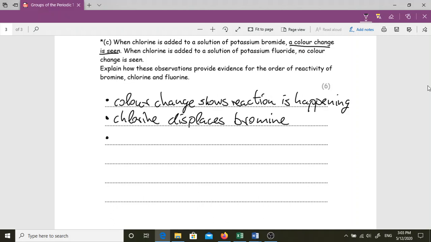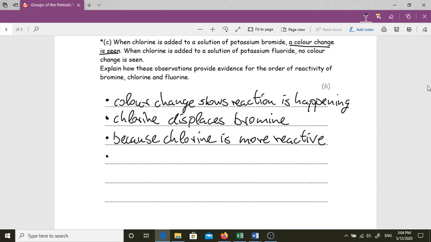Why does chlorine displace bromine? And the reason is chlorine is more reactive. So we can just write because chlorine is more reactive. So it's higher up in the group, and for the halogens that means it's higher up, it's more reactive.